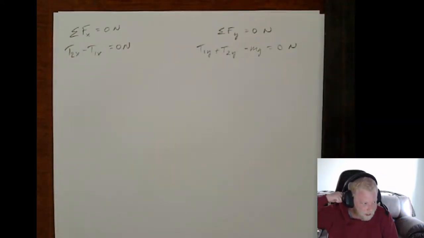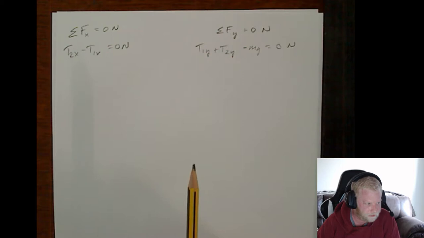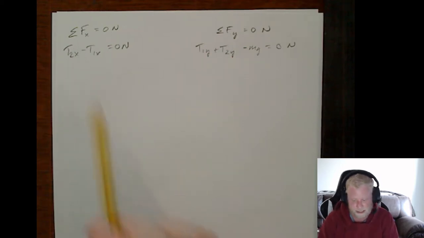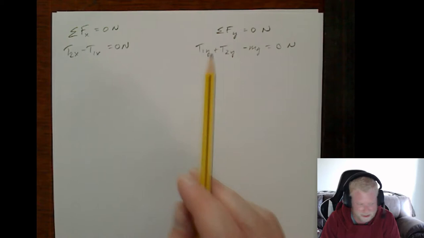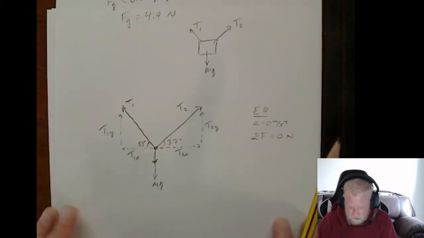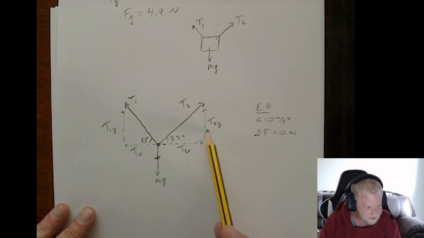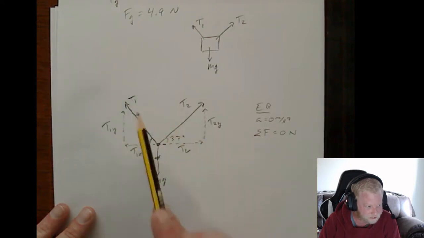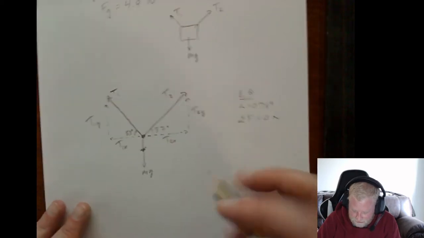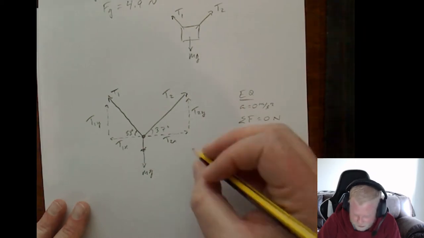Now here's the problem. We've got 4 different unknowns running around, right? 1, 2, 3, 4. So what we need to do is try to get rid of some of these unknowns. So if we look back at our free body here with the components in it, we need to get these in terms of T2 and these in terms of T1, right? So let's just look at T2 and you guys can figure out T1.